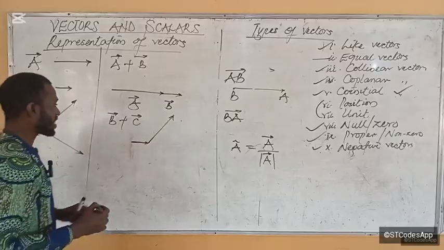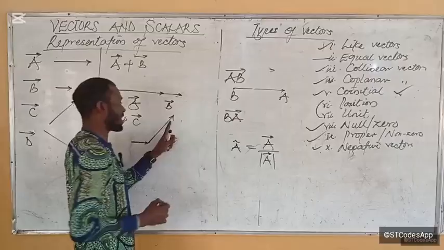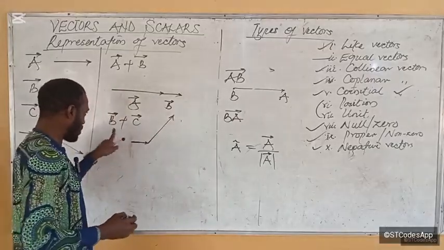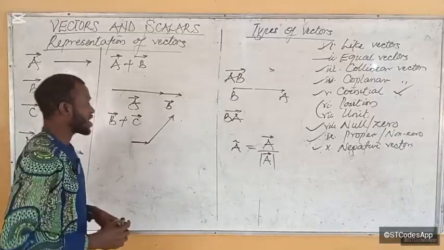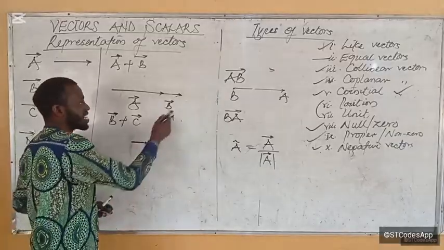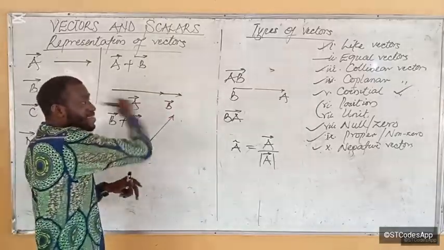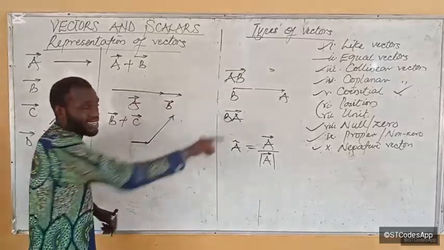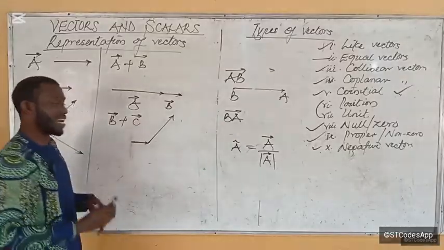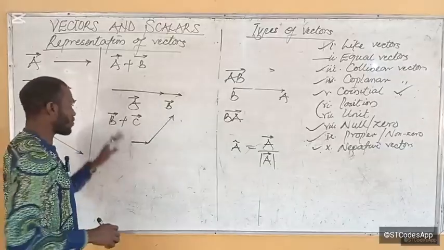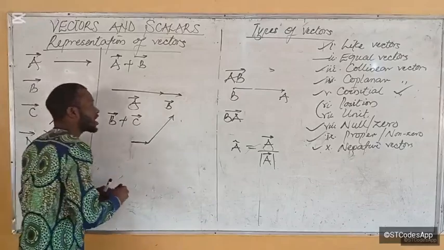But this does not give us a particular answer to vector B plus C. Why? Because they are in different directions. The same-direction case gives us a particular answer directly. But these are in different directions, so to know the value of B plus C, we have to draw a resultant.